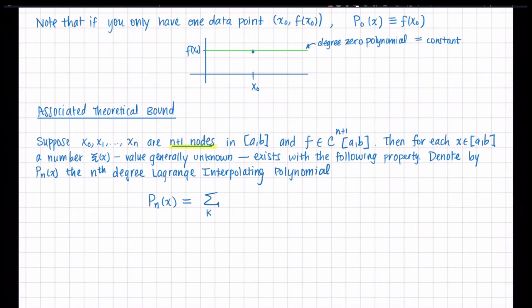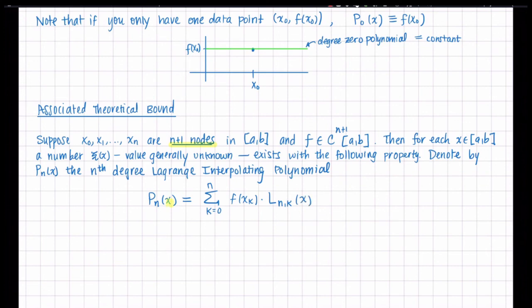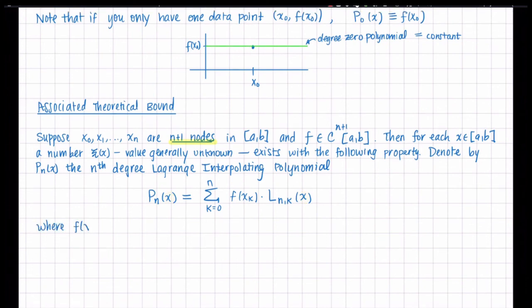The summation starts at the index k equal to 0 and ends when k is equal to n, and I've got f of x k multiplied by L sub n k of x. So the independent variable x is in the switch polynomials, where f of xk are the generated output data for k going from 0 all the way to n.